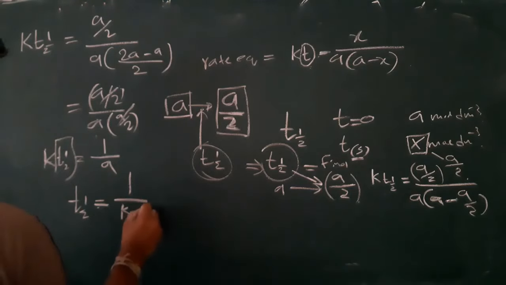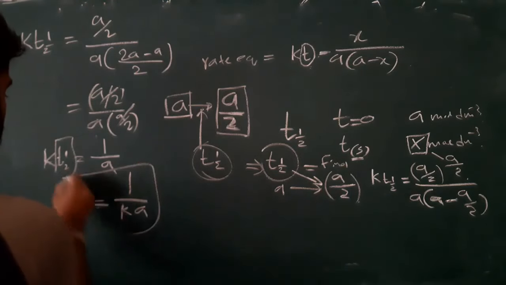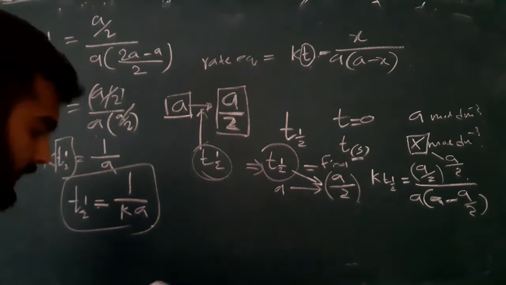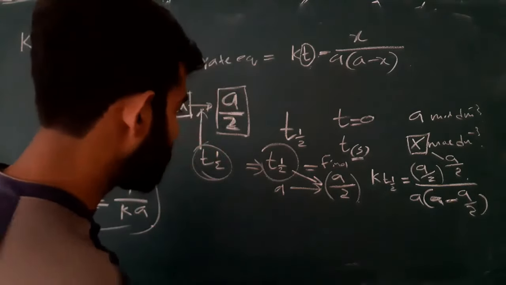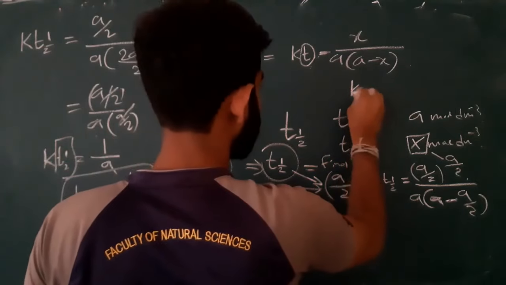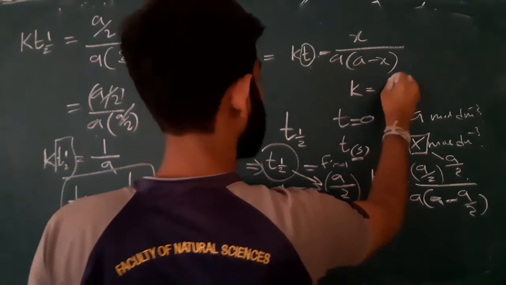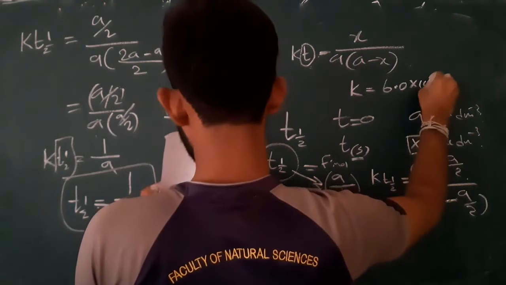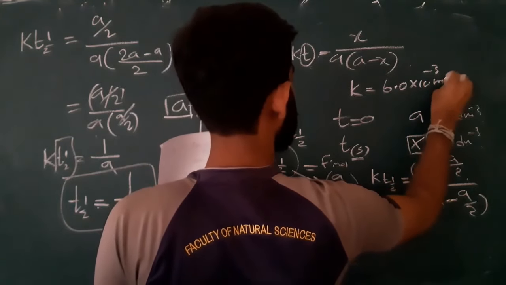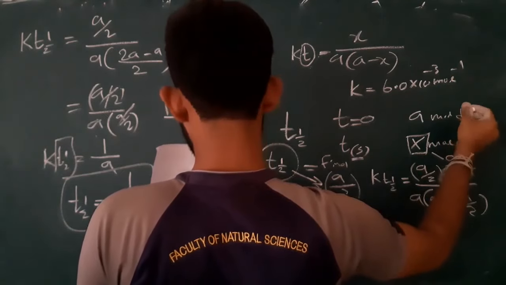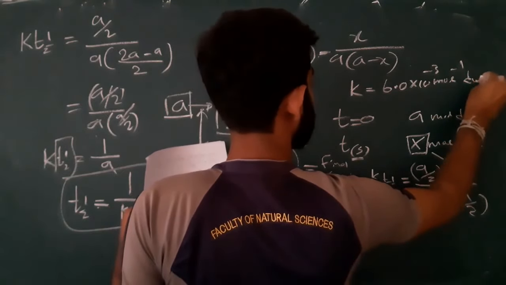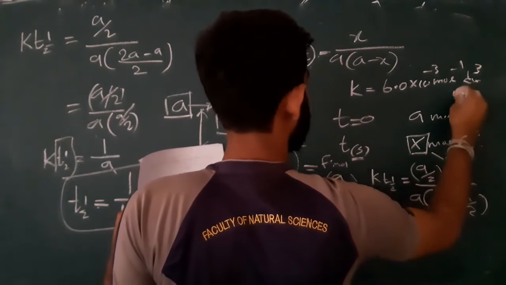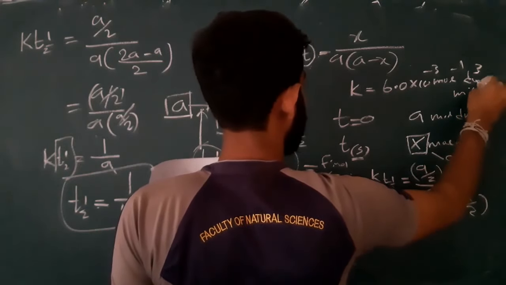This is the expression for t half, and they have given us the value of the rate constant. k is equal to 6.0 into 10 to the power minus 3 per mole cubic decimeter per minute. This is somewhat important.